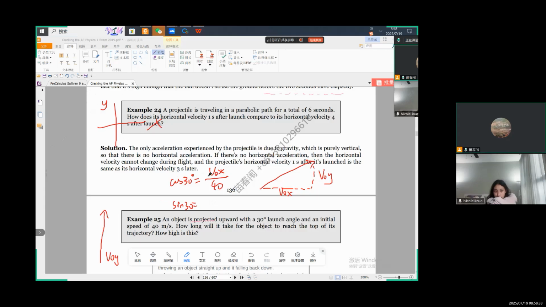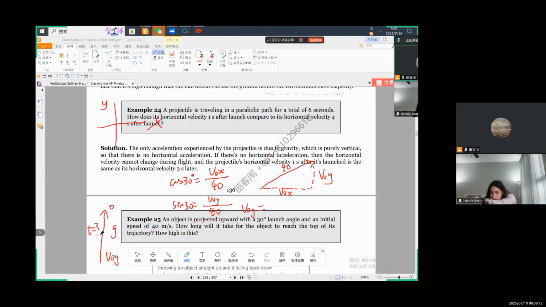So sine 30 equals V0y over 40, right? Yes. So what's V0y? Didn't we just do sine 30 over 40? Well, but you have to find a specific value of V0y, because we kind of need it here. We have a g here. We have 0 here. We need a t here. So we're waiting for V0y to be a specific number.